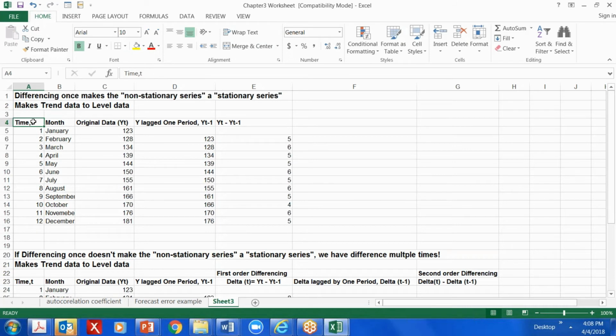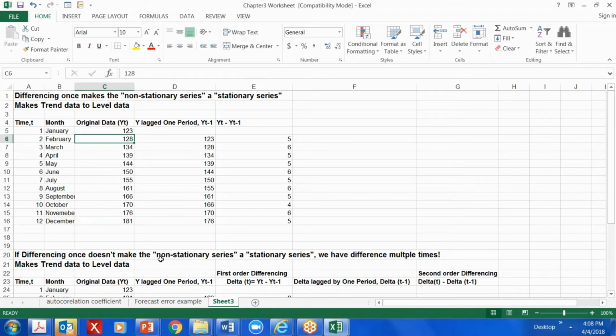So I have an example here for 1 year, or 12 months. These are the original data that you see here in column C. In order to difference, we first need to lag the data by one time period, which is what I have done in column D. In other words, we have taken all this data and lagged it by one time period, which means that 123 in January goes as 123 in the month of February.